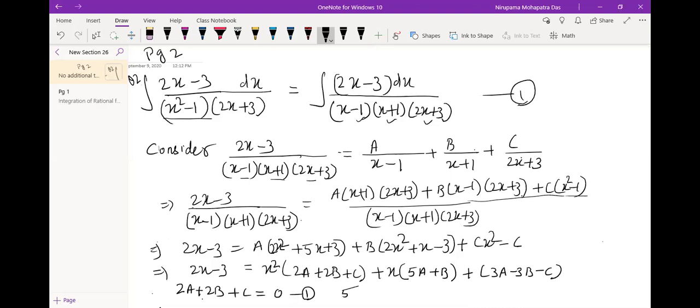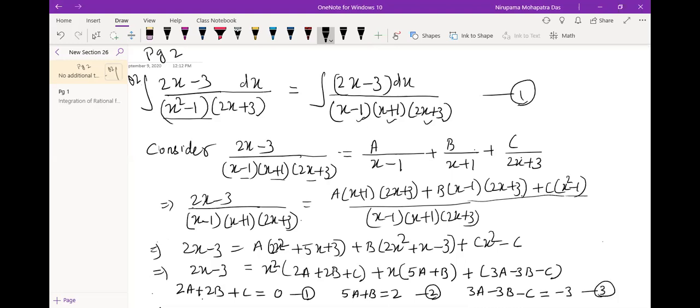Comparing the coefficient of x from both sides, 5a plus b equal to 2, equation 2. And 3a minus 3b minus c equal to minus 3, equation 3.